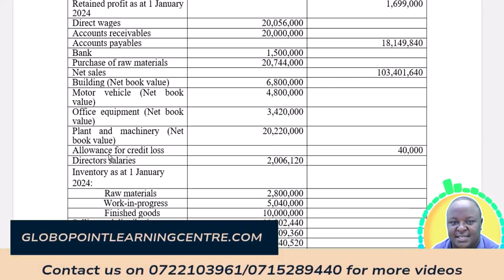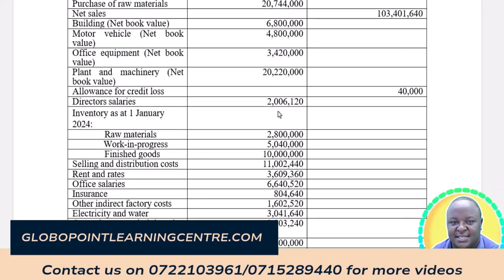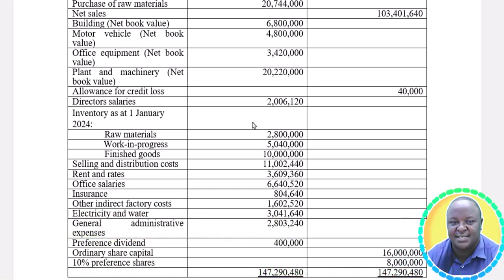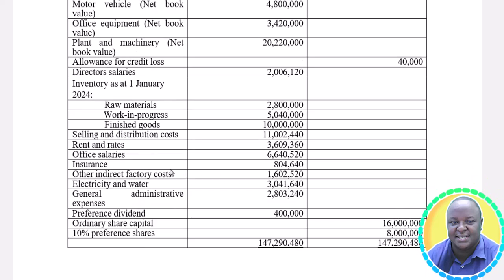There was an allowance for credit loss which was at 40,000. Director salaries 2,006,120. Then inventory as at 1st January 2024. Raw materials was 2.8 million, work in progress 5,040,000, finished goods was 10 million.